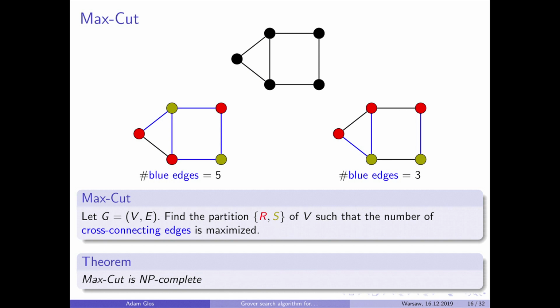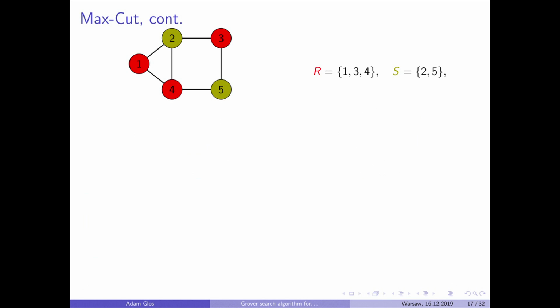It turns out that it is an NP-complete problem, actually a very important one. And usually, instead of coloring, we talk about a partition of the vertices. Okay, so let's focus a little bit on our representation.